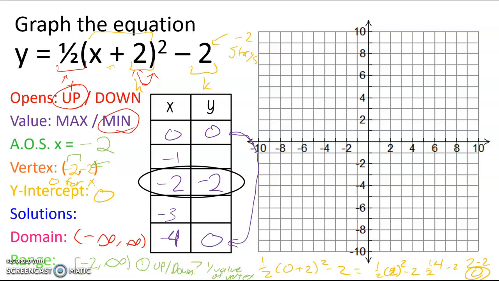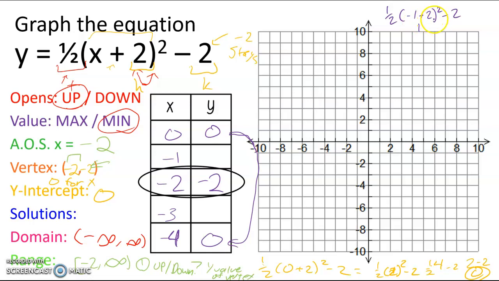So basically what that leaves me now is I need to plug in either negative 1 or negative 3. I'm going to go ahead and plug in negative 1. Let's see, do negative 1 plus 2 squared minus 2. Negative 1 plus 2 is equal to 1 squared, which is just basically equal to 1. So I'm just going to erase that squared there.